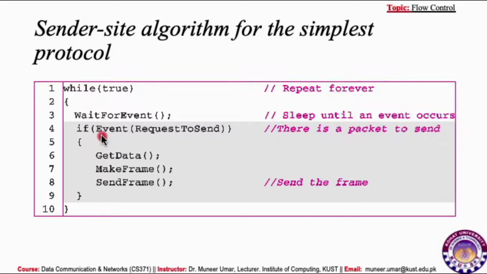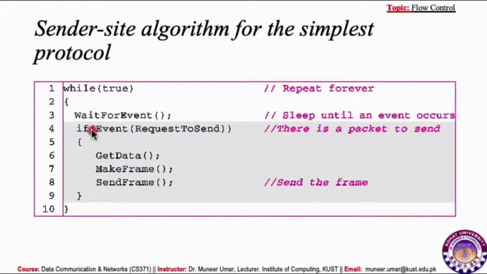When the event, a request from the network layer, occurs, lines 6 through 8 are executed. The program then repeats the loop again and sleeps at line 3 until the next occurrence of the event.